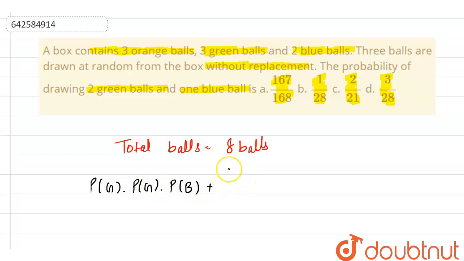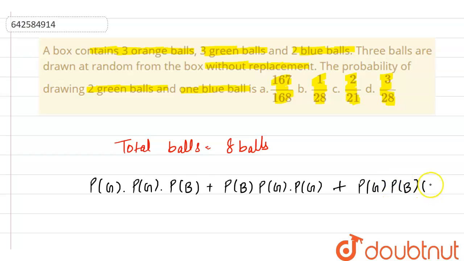We can also write that when we are drawing the balls, the first one is blue, then the second one is green, and then the third one is again green. And it is also possible that the first one is green, the second one is blue, and the third one is green, right?